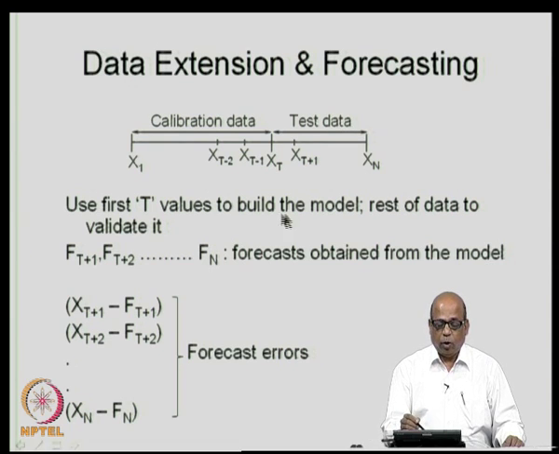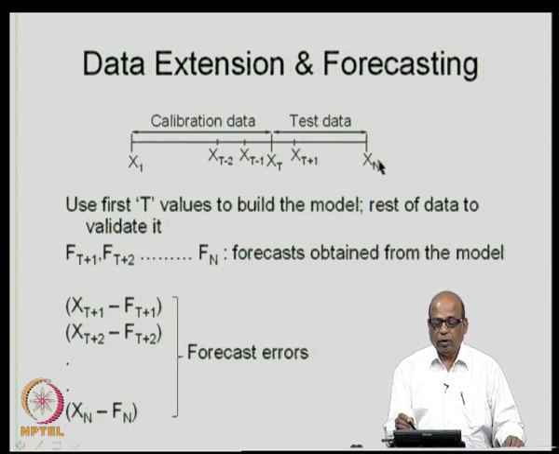So, we build the model using the first part of this data, this can be either 50%, 70% or 80% of the available data, and then we calibrate the model and test the model so calibrated on the remaining part of the data. Let us say you built a forecasting model using this data, you calibrated that model and use that model for the next part of the data.